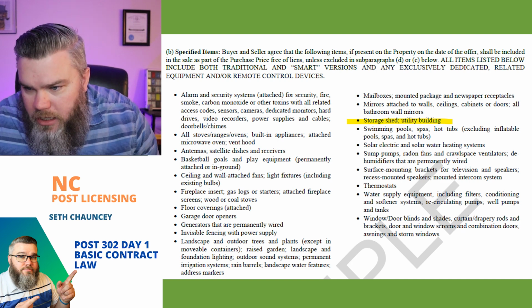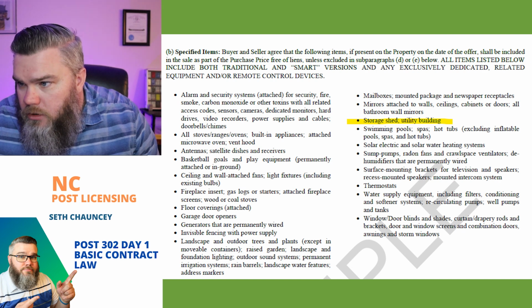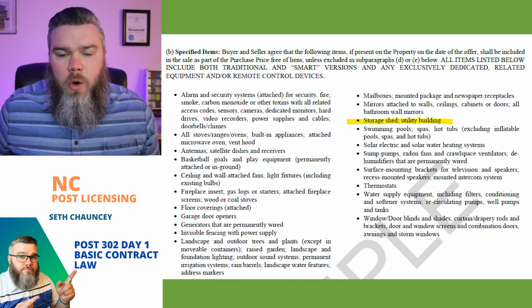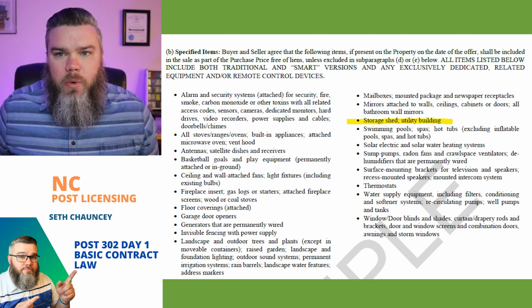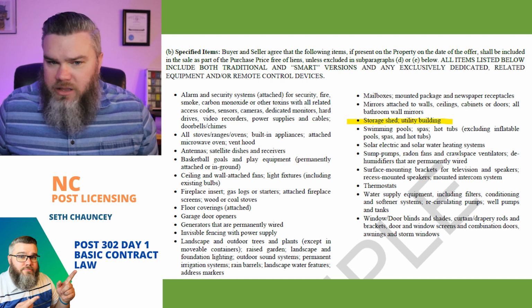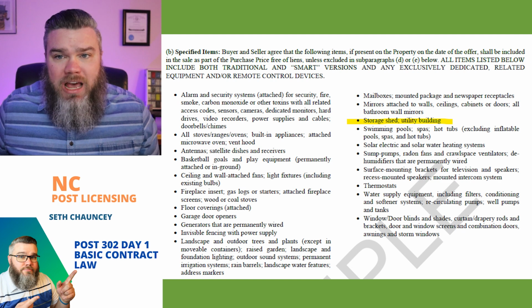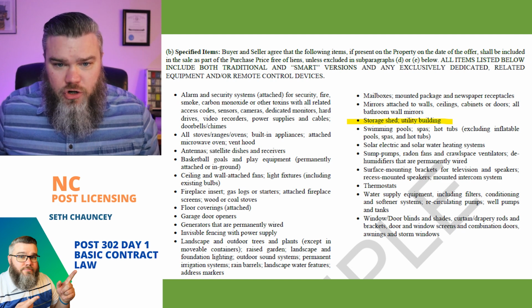I want you to look right here. Storage shed, utility building. Does that say anything about what it's constructed of? Does that say anything about how it's sitting? Does that say anything about where it's located, how much it costs, or anything like that?